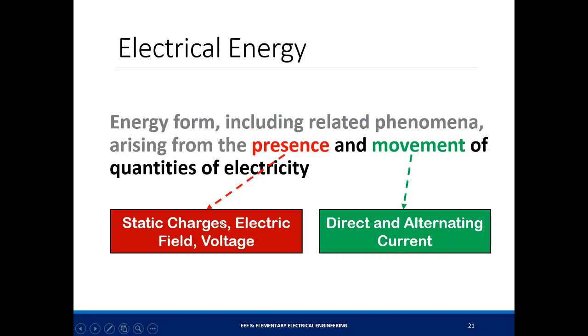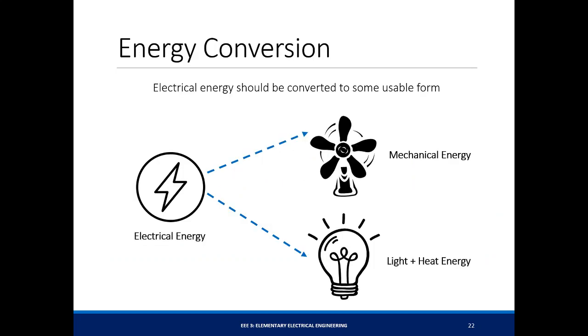And from the presence, so the presence of charges would be your static charges, electric field, voltage, and movement. Those are your current, could be direct or alternating. So presence and movement of quantities of electricity.